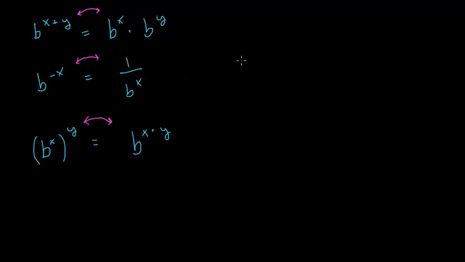Let me just give you an example. If I look at, say, 1 over 2 to the minus x, this is a little confusing because that's not 1 over b to the x. There's a minus there. But see, I can write that as 2 to the positive x because this is 2 to the minus x. And there I've just gone in the opposite direction.